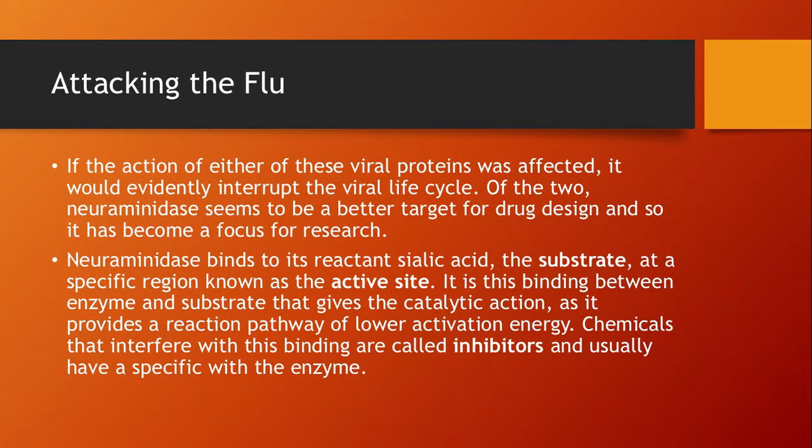It is the binding between the enzyme and the substrate that gives the catalytic action, as it provides a reaction pathway of lower activation energy. Chemicals that interfere with this binding are called inhibitors and usually have a specific interaction with the enzyme.